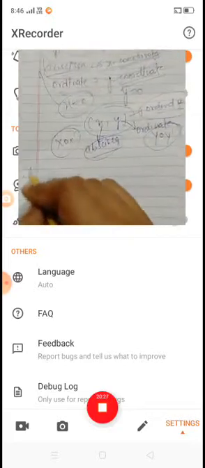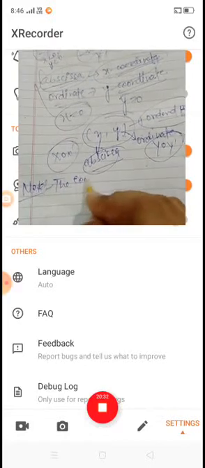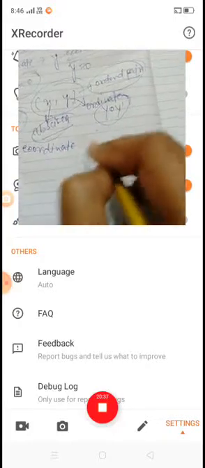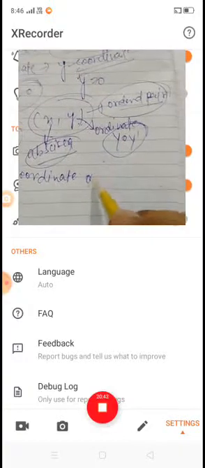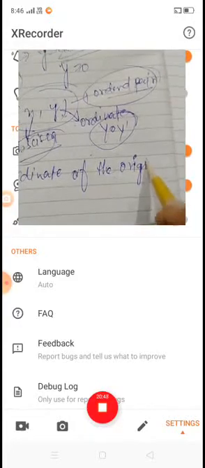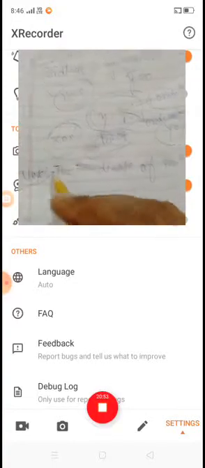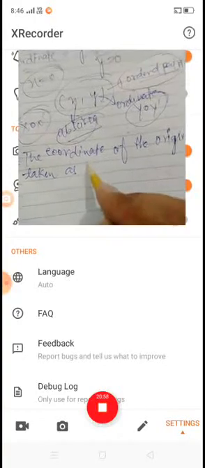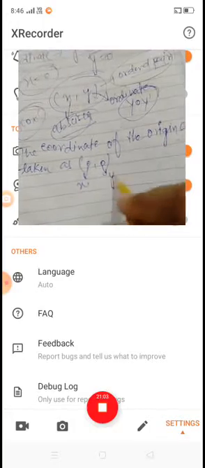One important thing is that the coordinates of the origin are taken as (0, 0), meaning abscissa is 0 as well as ordinate is 0.